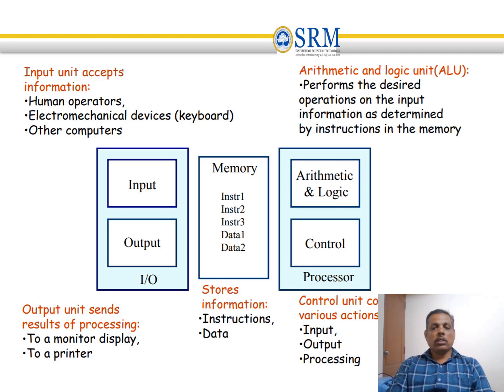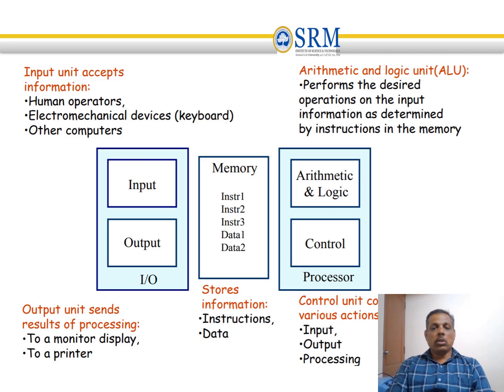Von Neumann introduced the stored program concept. According to this concept, memory is used for storing both instructions as well as data, and if you want to execute our program, it should be loaded into main memory for the purpose of execution.